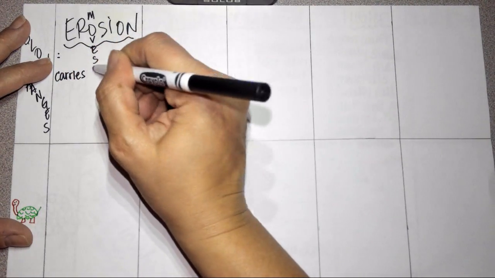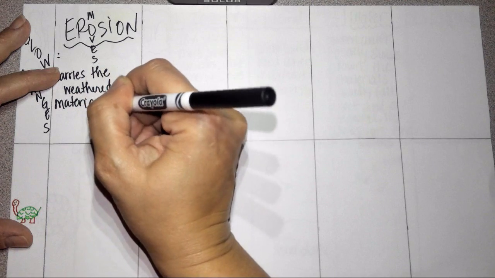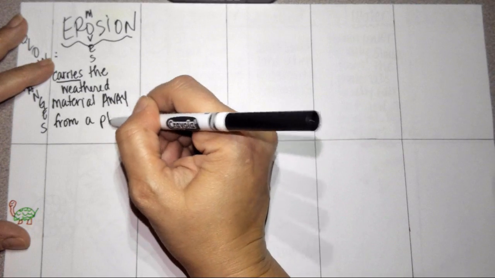So it carries the weathered material away. Remember, it carries it, so it's moving it. Carries it away from a place.